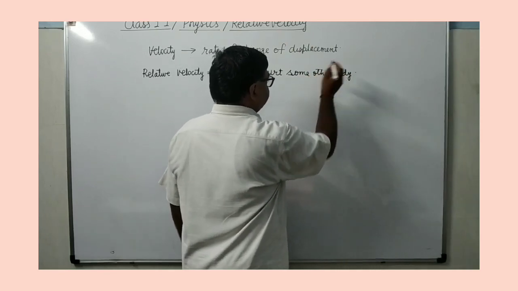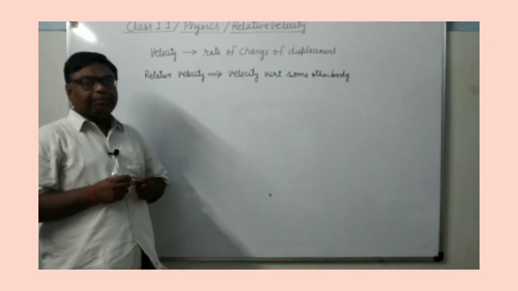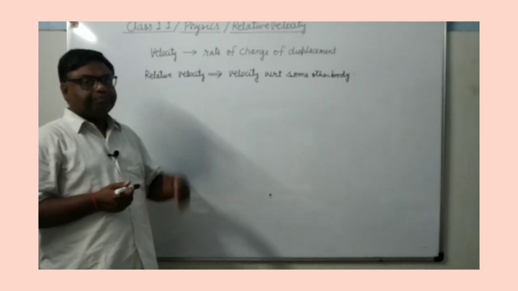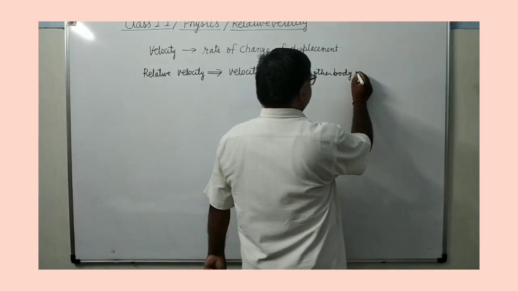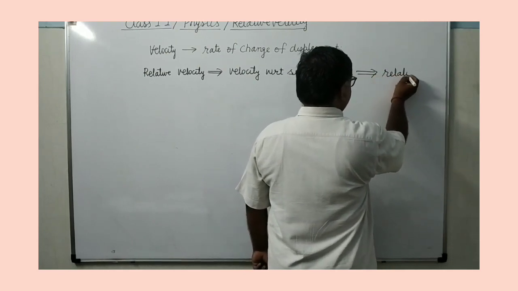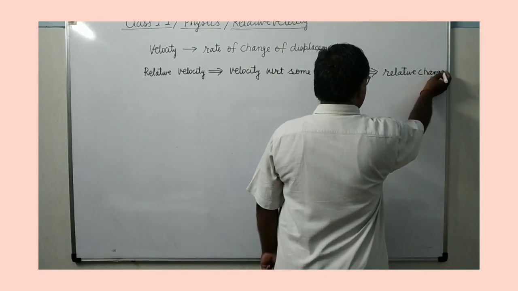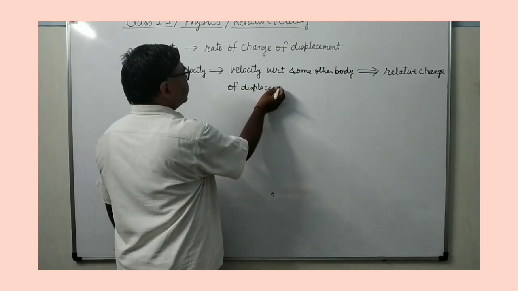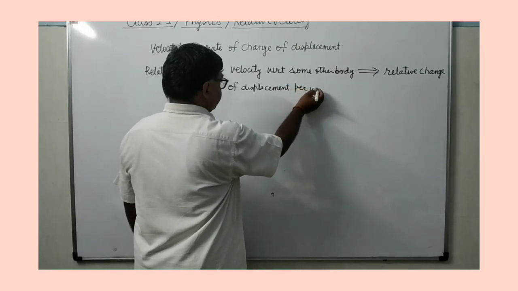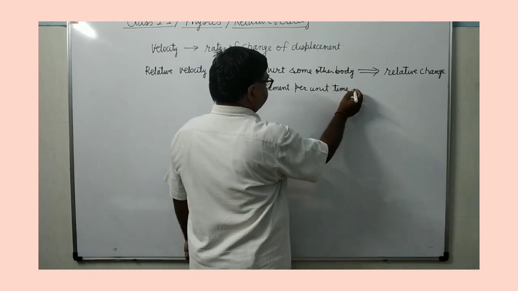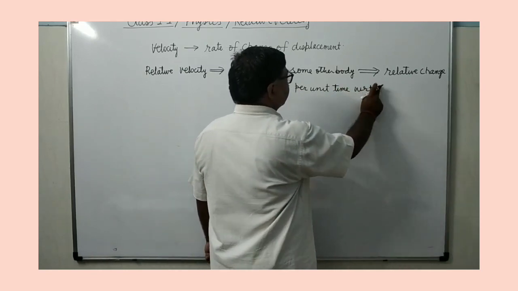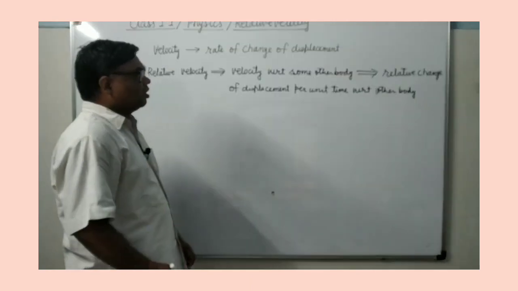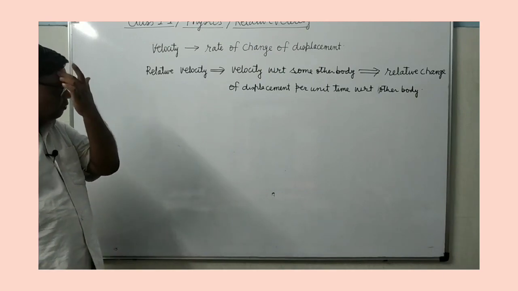In other words, you can say that it is the relative change of displacement per unit time with respect to the other body. Is it clear? This is the relative change of displacement per unit time, with respect to the other body, means with respect to that body about which we are defining the relative velocity.